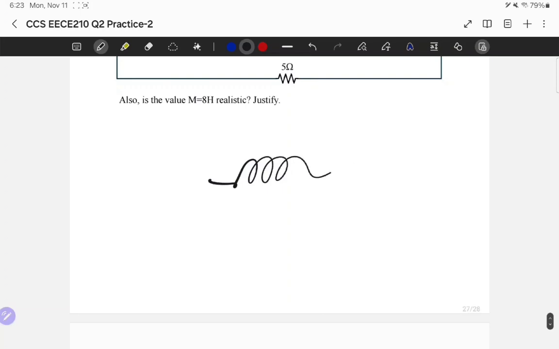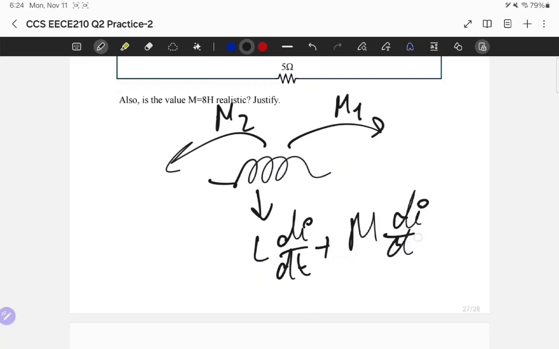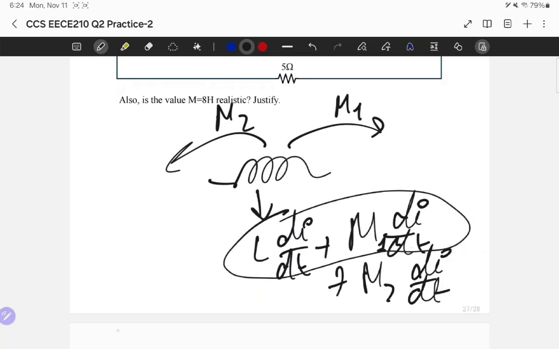Because if I have an inductor that is mutually coupled by M1 and M2, you take L di by dt, the voltage across the inductor itself, plus the effect of the other inductor, plus the effect of the other inductor. So if we have 2 mutual inductances, this is enough. But if we have 3, you add the effect of the other new mutual inductance, the sign of which is really covered in this example.